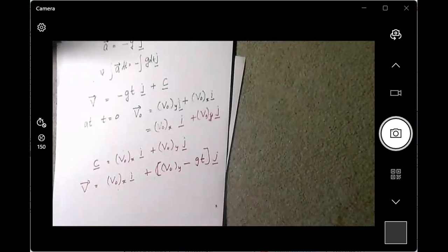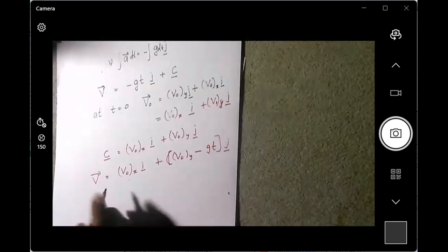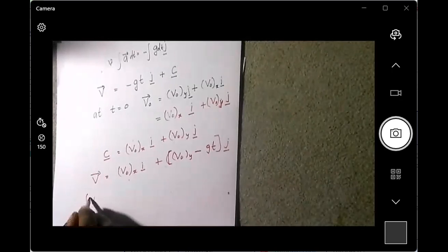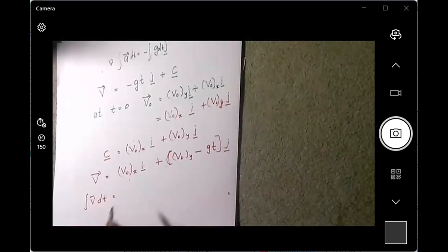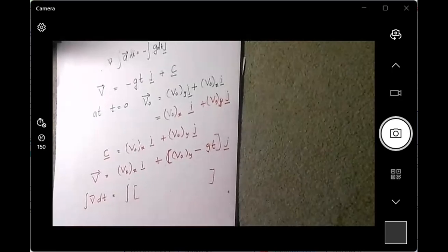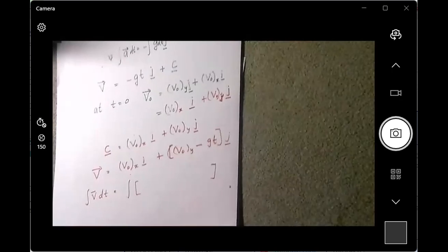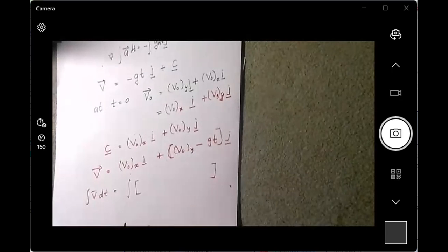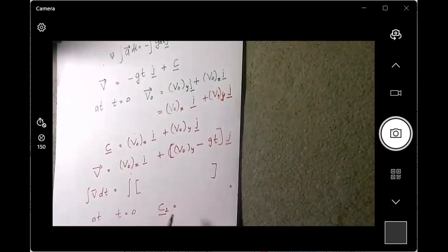To get the distance, we need to integrate it once again with time. You have to integrate the whole thing, and in this case again you will get a constant, let's say C2, again a vector.